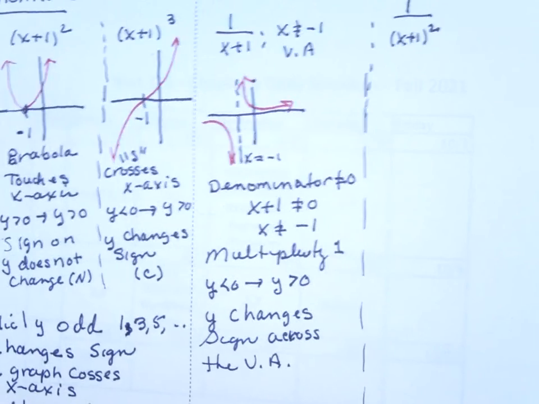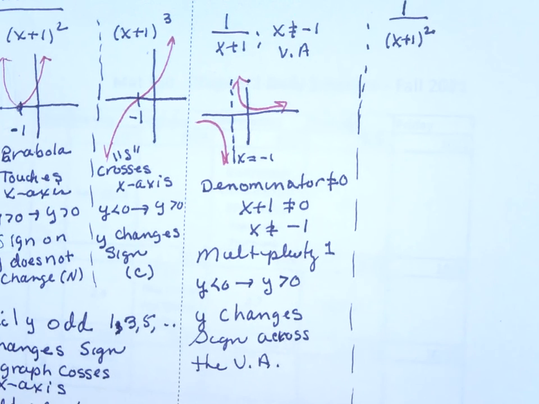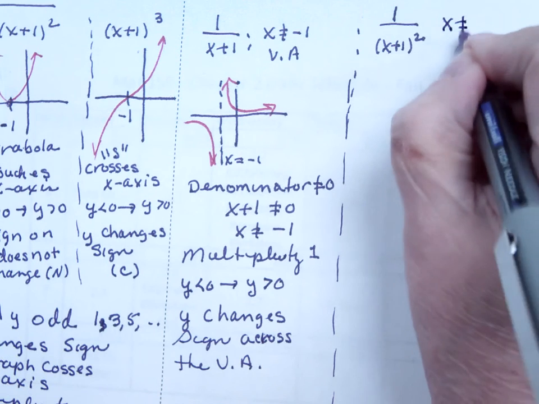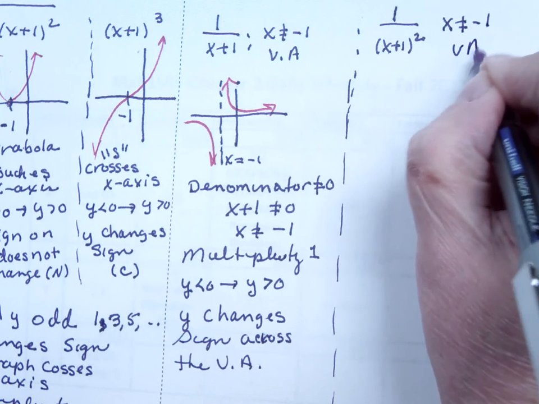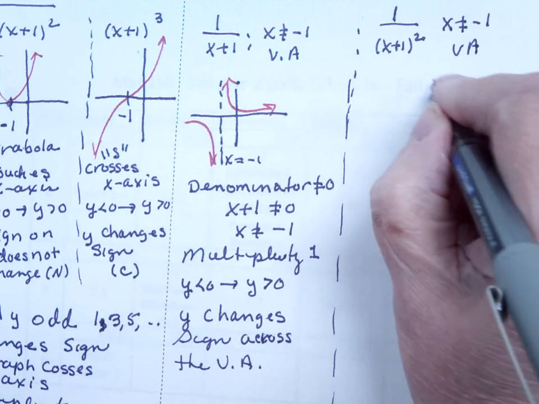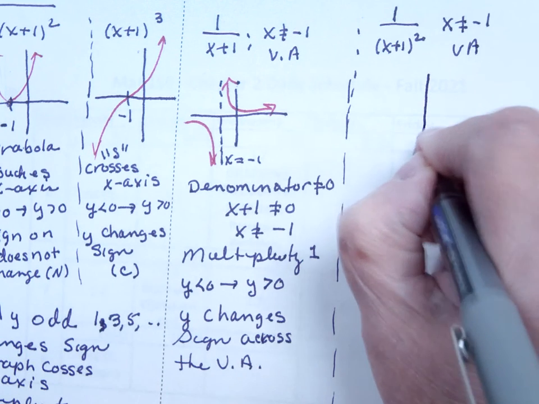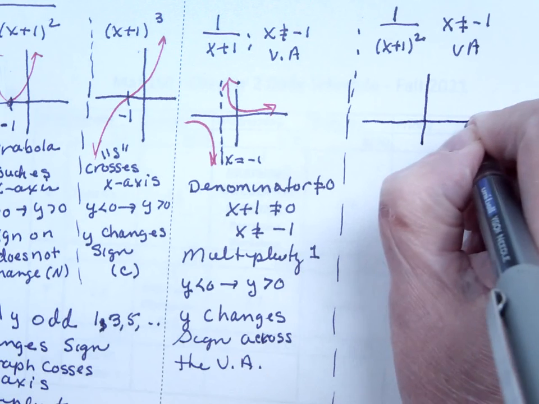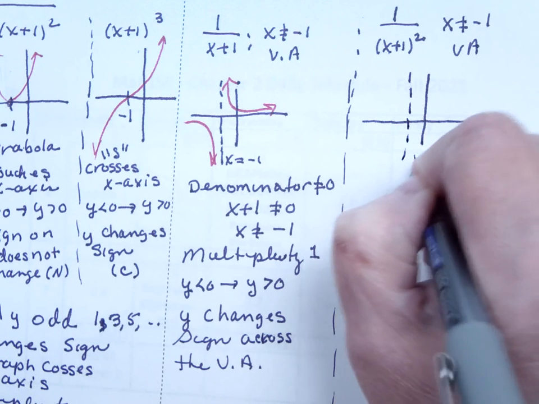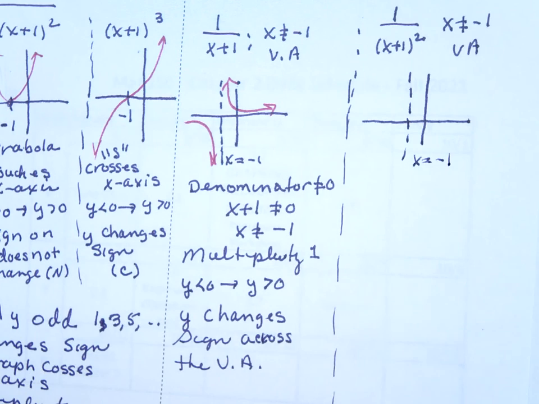Now if I look at x plus 1 squared, still x can't be negative 1, so it's a VA. And again, if I draw the graph, and negative 1 is the VA, and this is what he looks like.